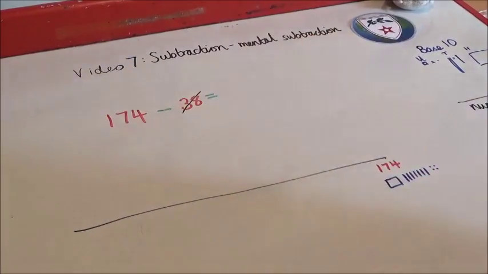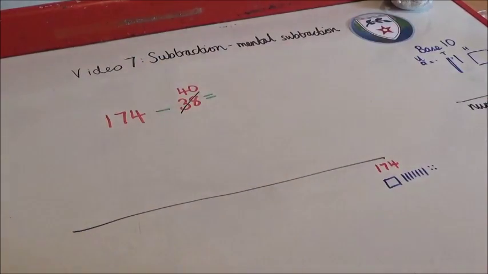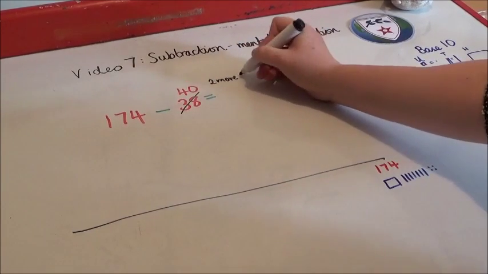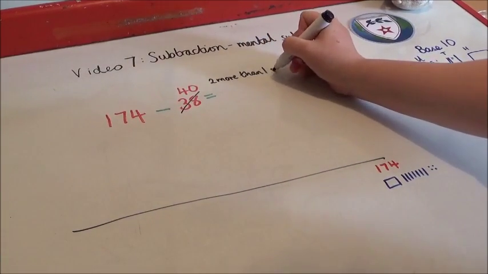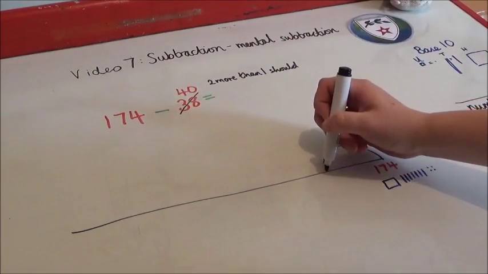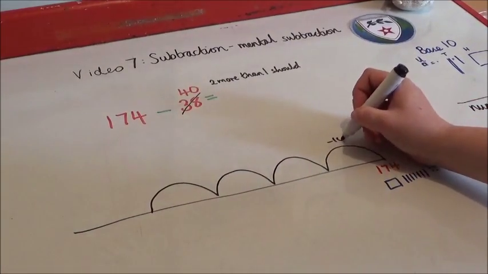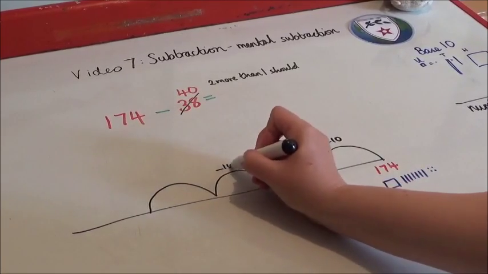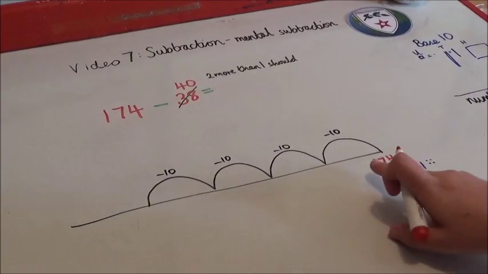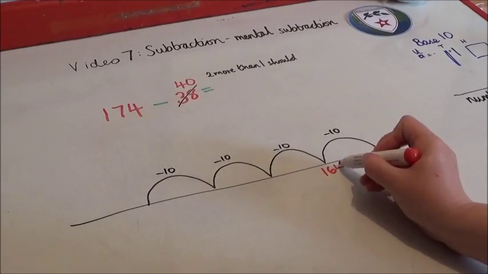I'm going to pretend that this is actually 40 and take off the 4 tens, which will mean that I'm going to take off 2 more than I should. So I'm going to take off 10, 20, 30, 40. So 174, take off a 10, I've got 164.